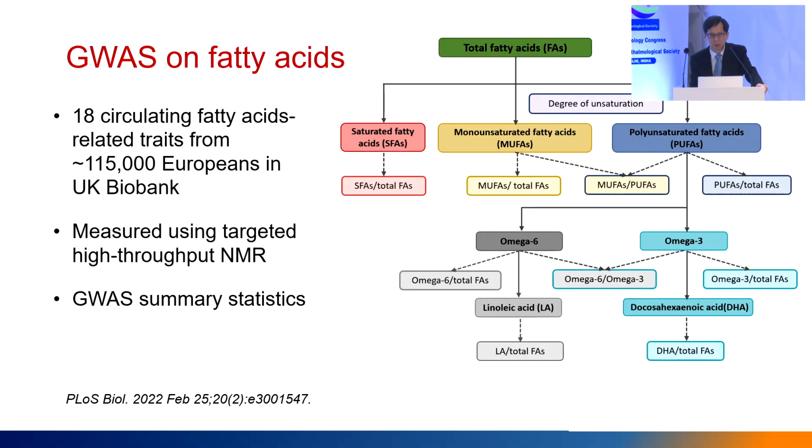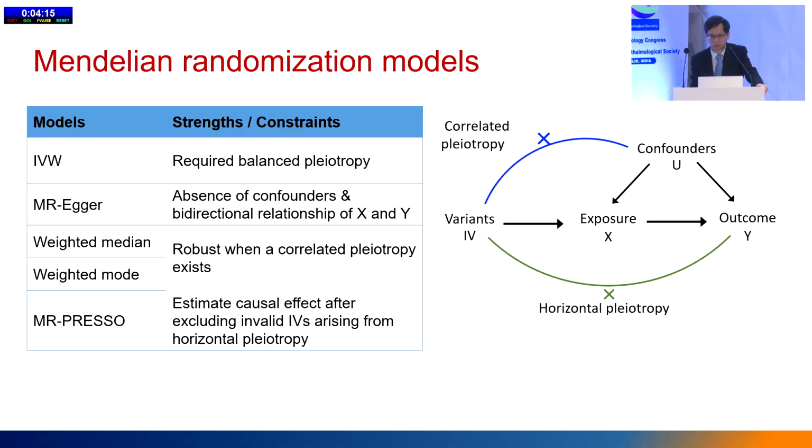In this work, we included the GWAS results for 18 fatty acids from the UK Biobank. The fatty acids are measured by the targeted NMR approach, and omega-3 is a subgroup under the polyunsaturated fatty acids. We selected five MR models to address the potential pleiotropy effect and other assumptions in the MR analysis framework, to ensure that our results are robust.